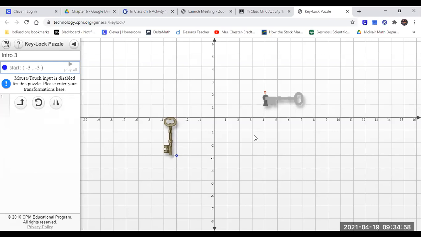So what do we need to do? What do we want to do first? Do we need to flip it? Do we need to spin it? Do we want to slide it? What do we want to do first?